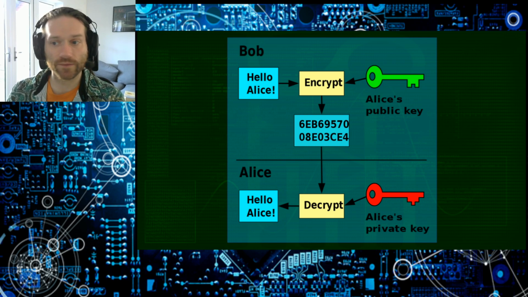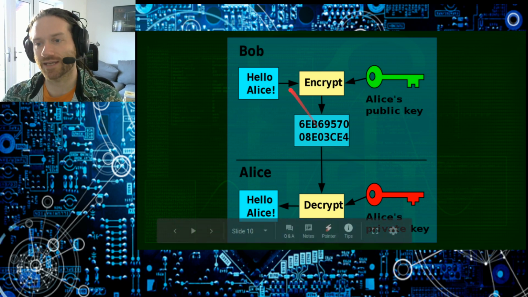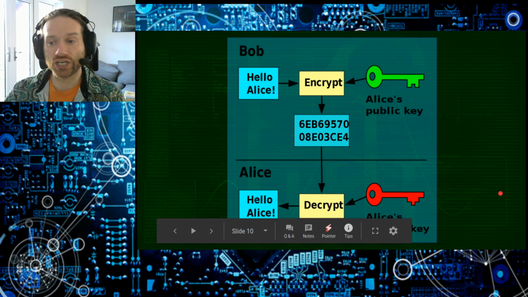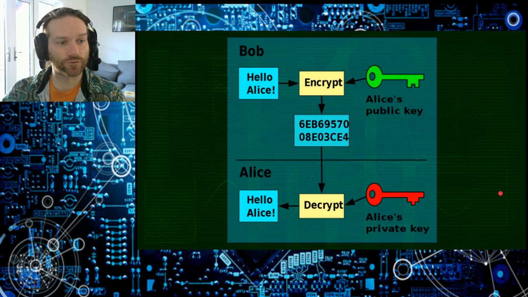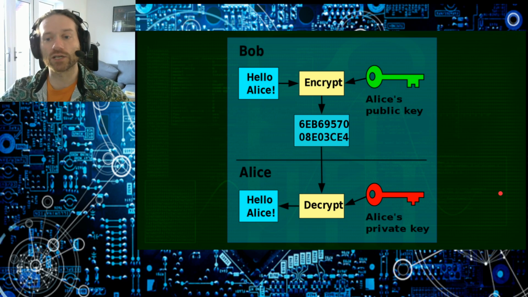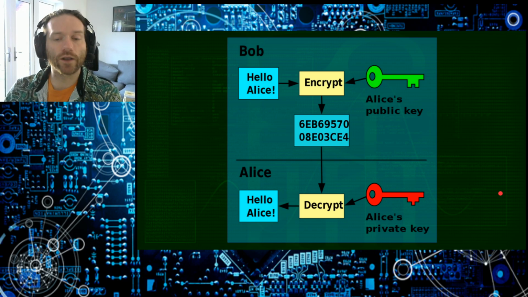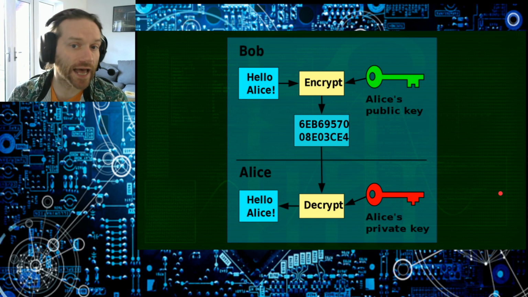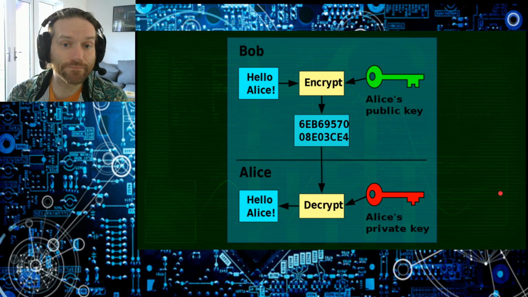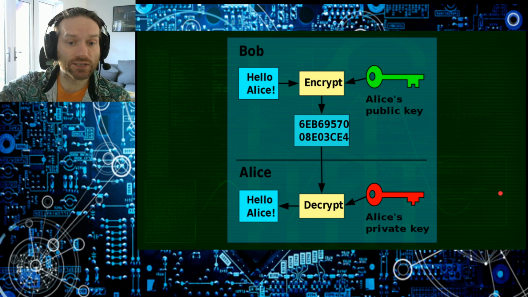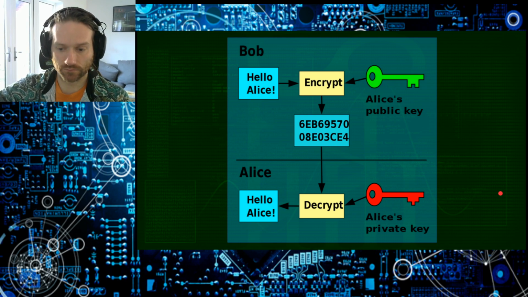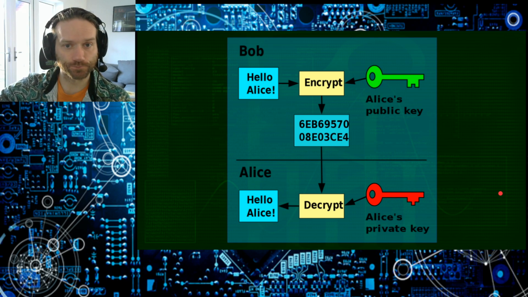So Bob encrypts using Alice's public key. Oh, look, there's the encrypted message there. And then when Alice receives it, she uses her private key, which forms the other part of the equation, to decrypt it. If anyone intercepts it on the way, they can't do anything with it. Even though they might have access to Alice's public key, it doesn't matter, because the next stage requires her private key to decrypt. Does that make sense?